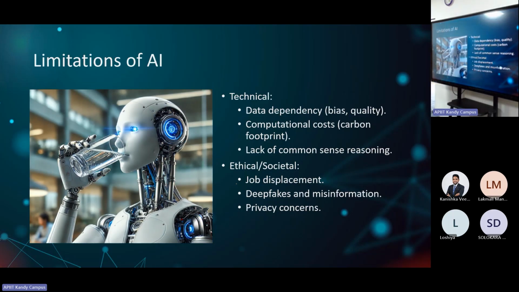And then, of course, you have the ethical and societal issues like job displacement, right? They say doctors, programmers, journalists, creative writers, architects are all under the threat of losing jobs. Why?